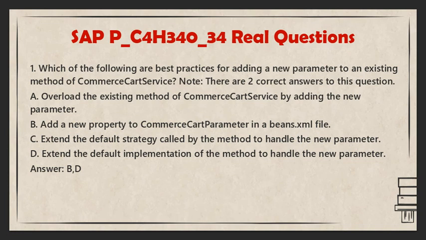B. Add a new property to Commerce Cart parameter in a beans.xml file. C. Extend the default strategy called by the method to handle the new parameter. D. Extend the default implementation of the method to handle the new parameter. Answer: B, D.